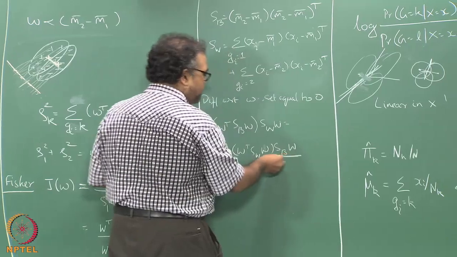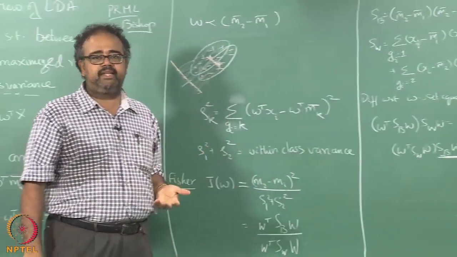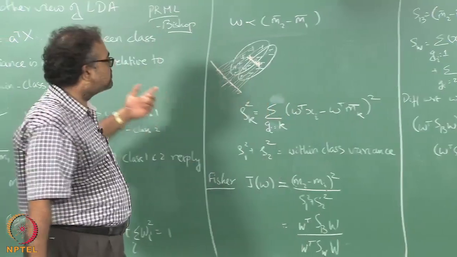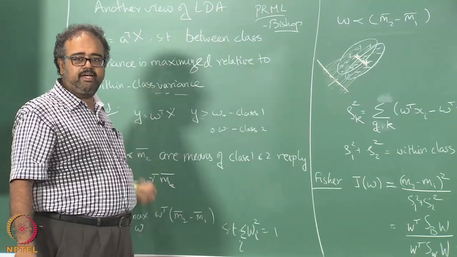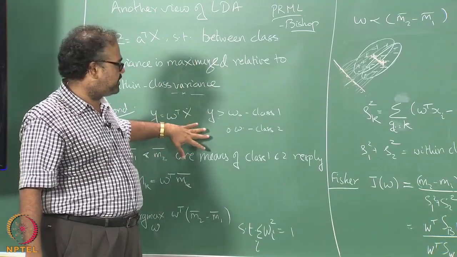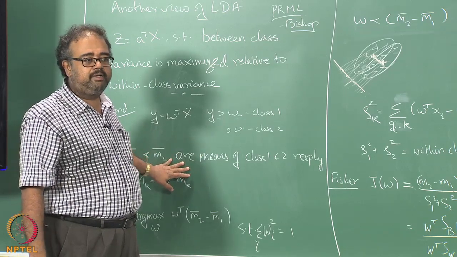Actually if you think about it, SBW will always be in the direction of M2 bar minus M1 bar, right. So you already saw that here when we had only the constraint on SB, only on the between class variance.